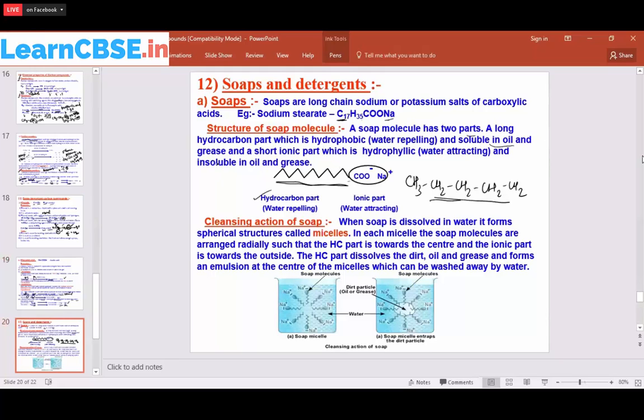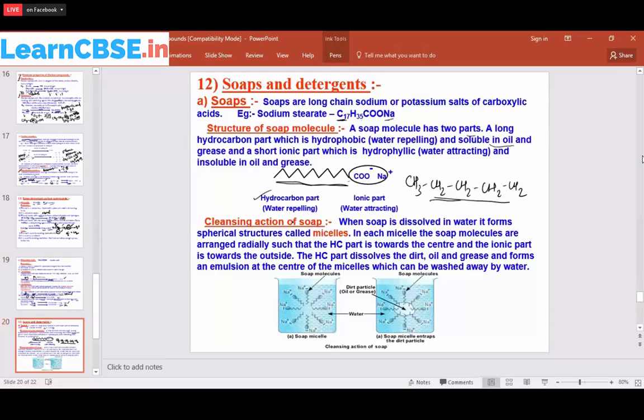And the grease. Why are we using soaps and detergents? Because usually oils fall on our dresses and we get dirt, and the dirt usually contains oily substances. We have to remove those oily substances from the cloth. If you apply water, it will not go.